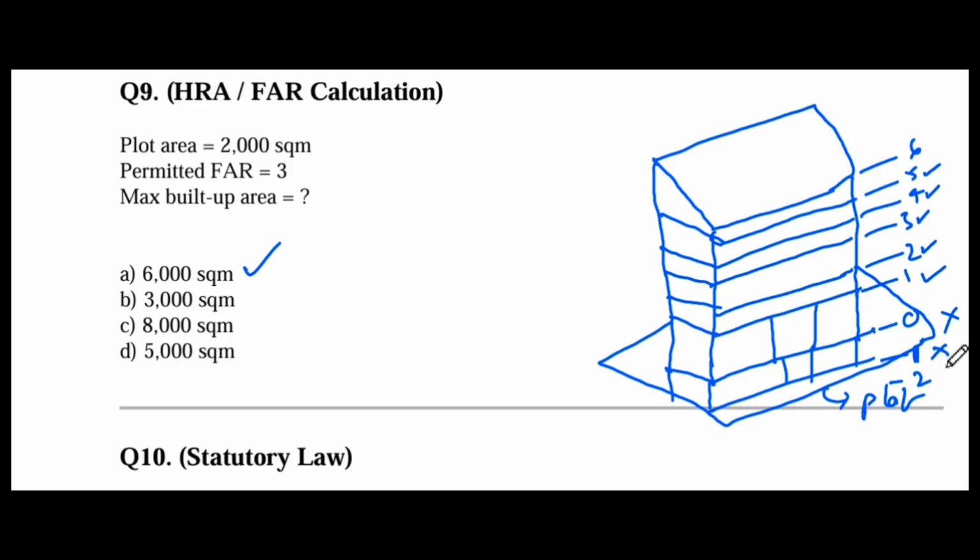These will not be considered for calculation of FAR. Only the utility floors. These norms may change as per the local bylaws and rules. So only utility floors will be considered.